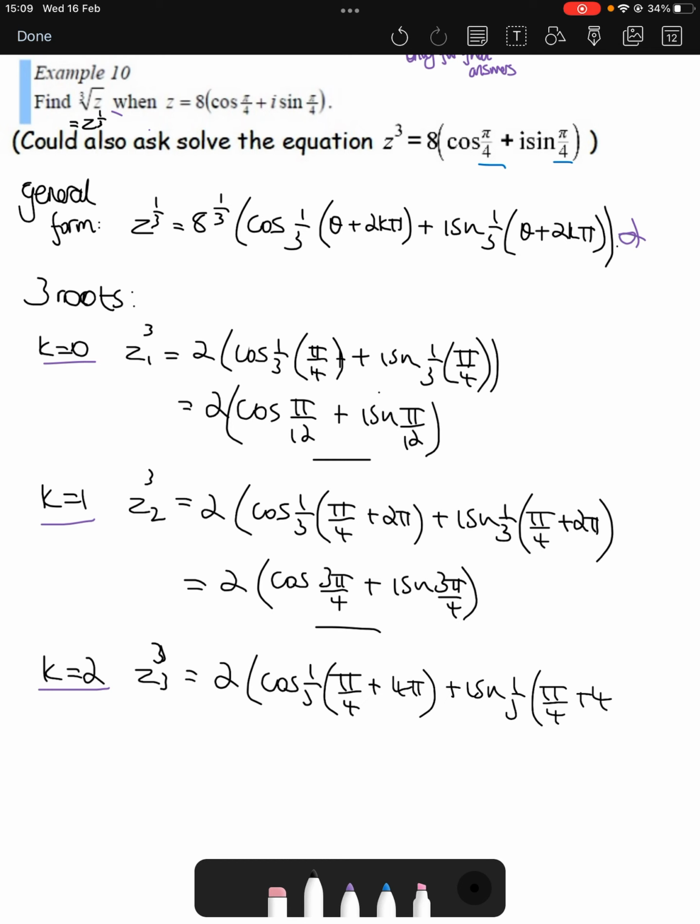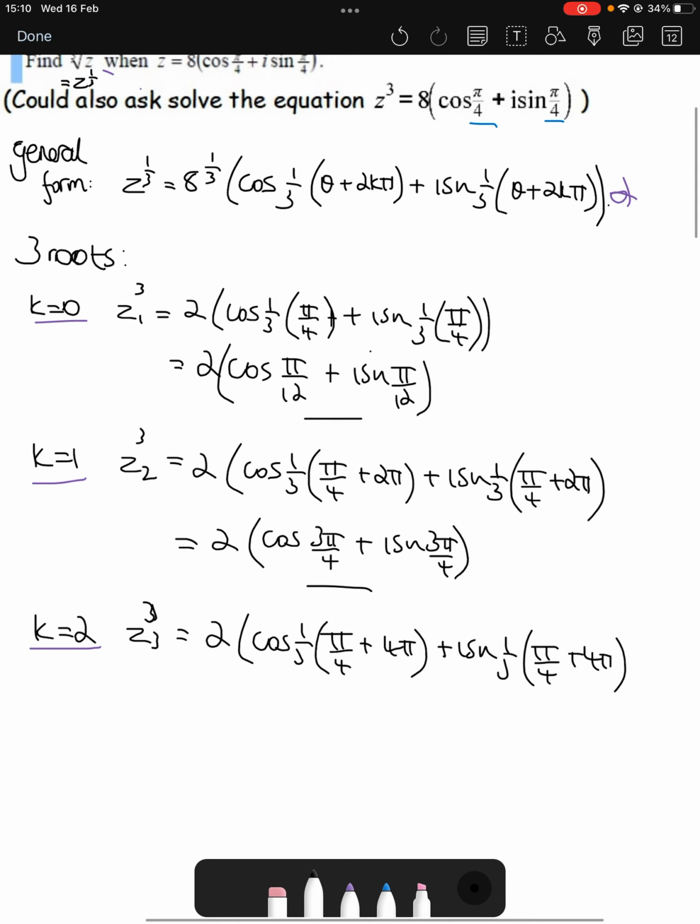Again, you could skip this bit and say that's 17 pi. So we've got 2 cos. Obviously we've got 17 pi over 4. A quarter plus 4 pi is 17 pi over 4. Times that by a third, it's going to be 17 pi over 12.